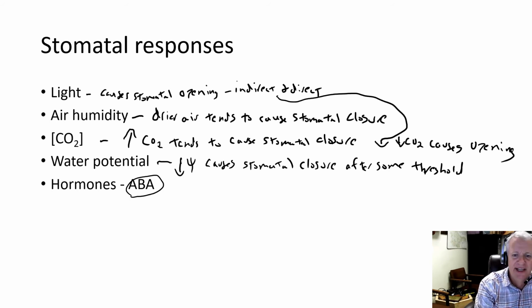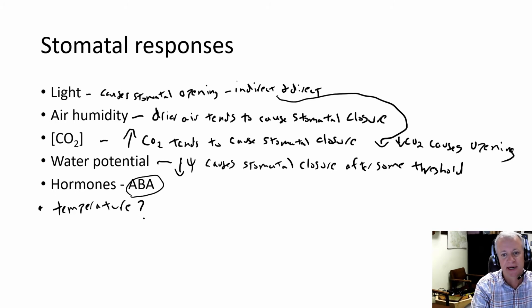Now, there's one factor left that we didn't talk about, and that's temperature. It seems like temperature might be important for stomatal responses, but it's not. Studies generally haven't shown a direct response of temperature on stomatal conductance.